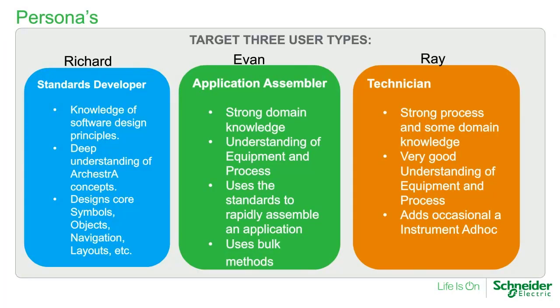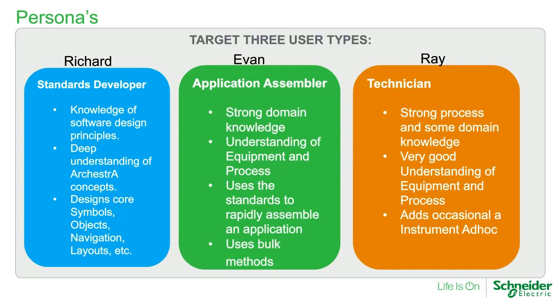And these three guys that I talked about that we modeled the system after are basically Richard, Evan, and Ray. And if you look at Richard, he is the standard developer that I talked about. So he knows how to develop objects and things like that. And then you have Evan, he's an application assembler. And then you have Ray, he's the technician.